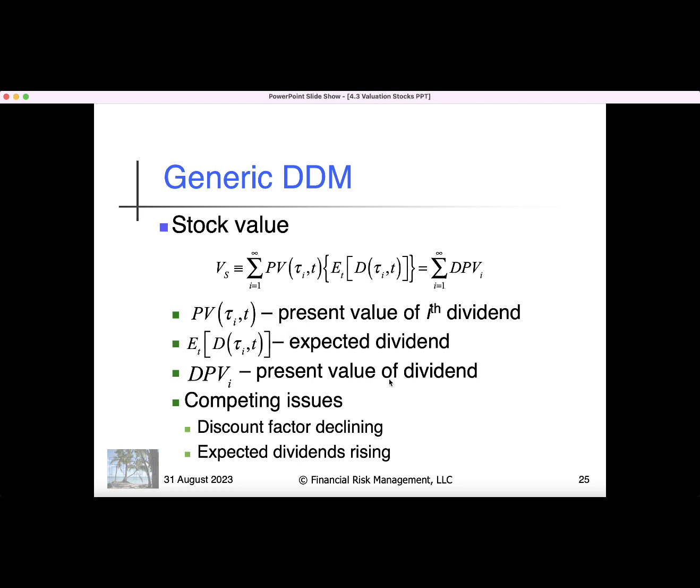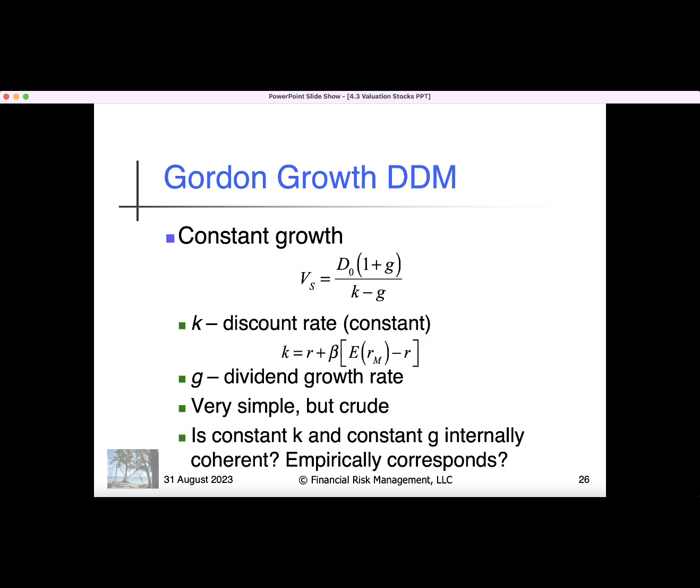And so these results are very sensitive to the choice of interest rates or discount rates and the choice of growth rates of dividends over time. The next part will begin to look at different specific models, and we'll start with the Gordon growth dividend discount model.